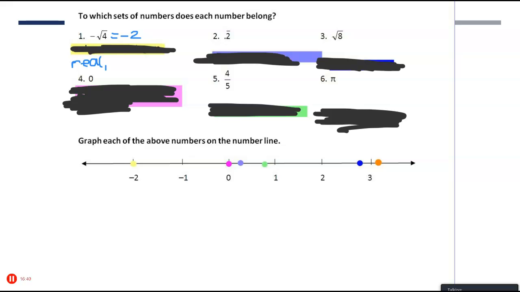So therefore it is rational. And it's negative with no fractions or decimals, which makes it an integer. Very good.